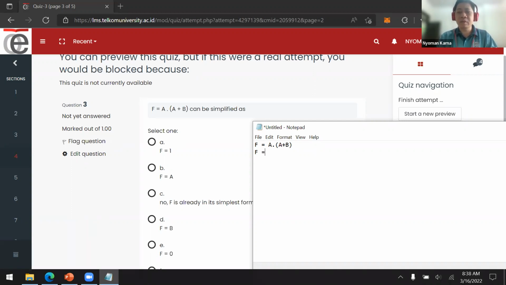By using the distributive law, we can get something like this.